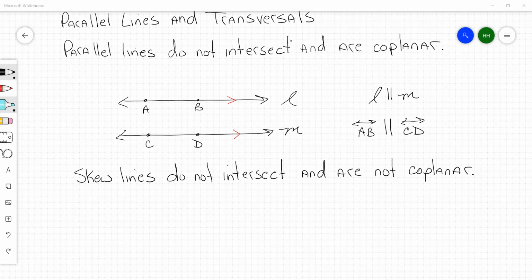One of them's vertical back here, another one's horizontal in the front of the classroom. They don't intersect, but you don't refer to them as parallel because they're in two different planes, okay? So when they don't intersect and they're in different planes, they're called skew. When they don't intersect and they're in the same plane, they're called parallel, okay?